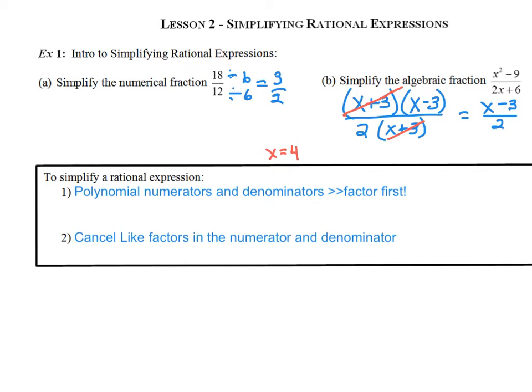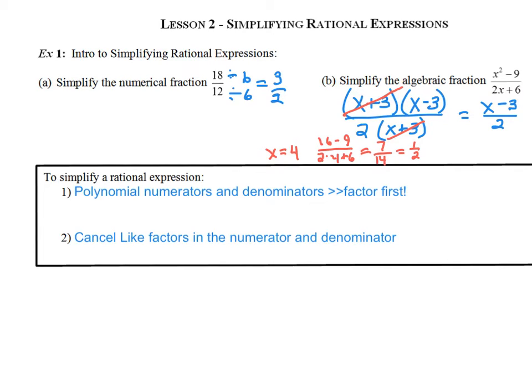In the original problem, x squared minus 9, that would give me 16 minus 9 over 2 times 4 plus 6. So that fraction would be 7/14, which reduces to 1/2.